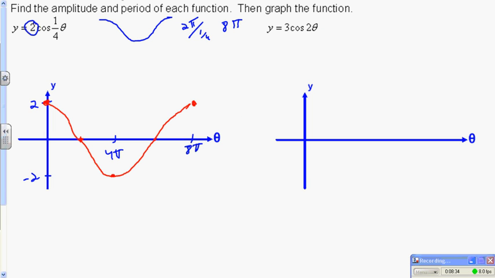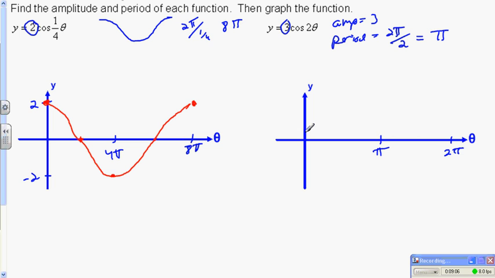Next one, we have amplitude equal to 3, and our period is 2 pi again, divided by b, which is 2. That makes our new period pi. So here's pi, here's 2 pi, what it should be, and now it's going to finish there.